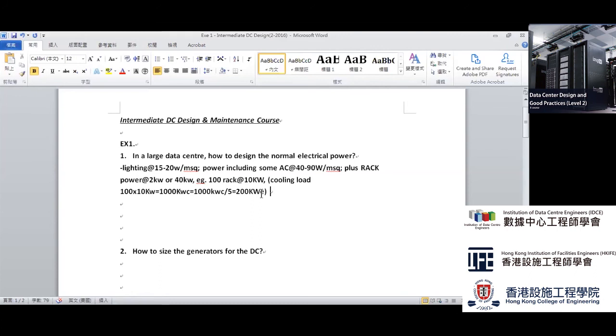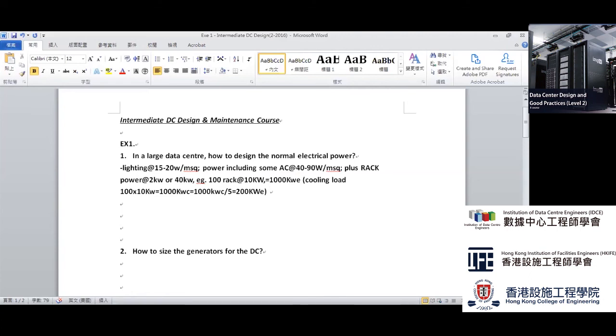Right, 200 kilowatt electric, and you have another, say, 100 kilowatt for the lighting and power. The electrical power equals 1000 kilowatt electric. Yeah. So you add up all this, right? The lighting and power, and then the rack power, and then the cooling load divided by 5 to get the electric.